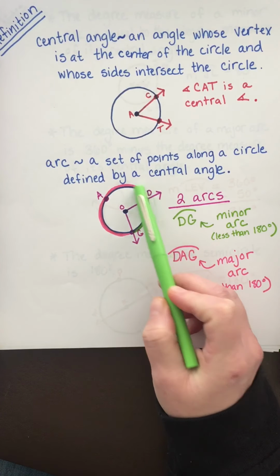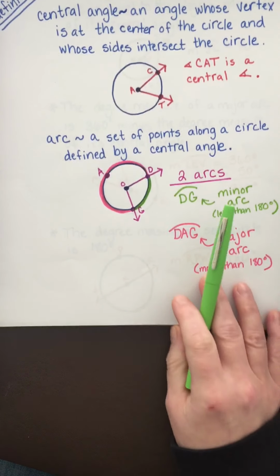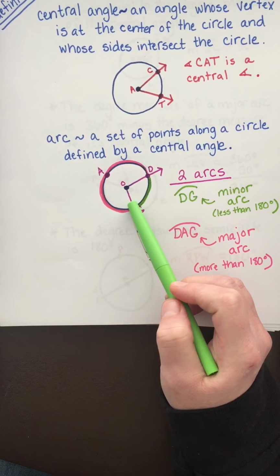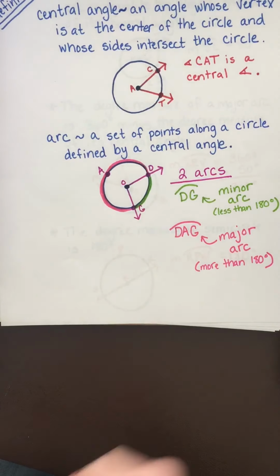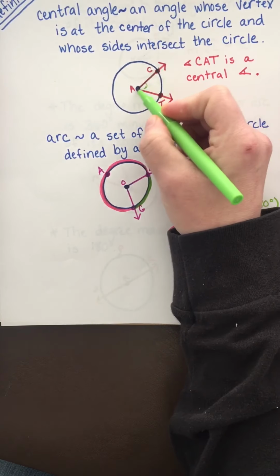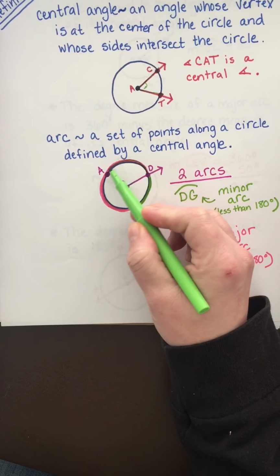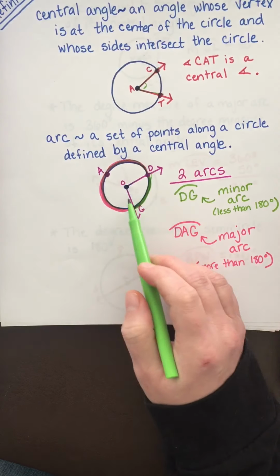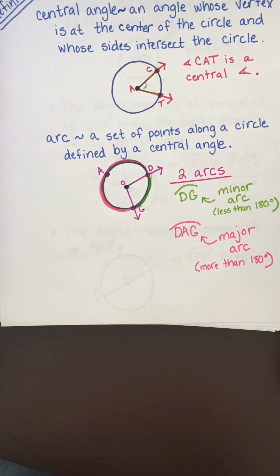And then we have arc DAG, which is a major arc because it's more than 180 degrees. So the angle is this part right here. This is an angle. And then the section of the circle, or where it's been sectioned off because of a central angle, is called an arc.